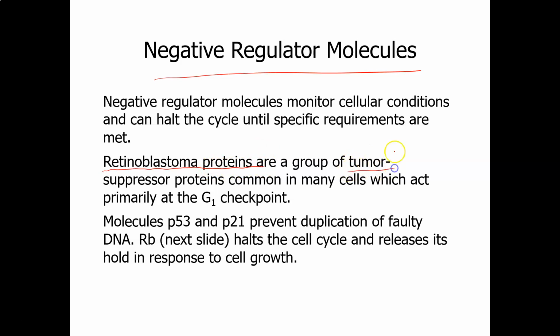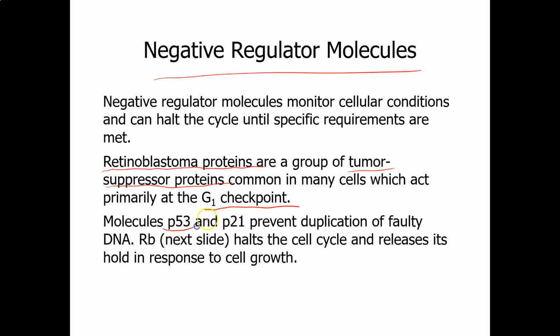They are tumor-suppressing proteins that are common in many cells, which act primarily at the G1 checkpoint, which means that at the G1 checkpoint, if the cell's not ready or has not met certain conditions, it won't go on to the S stage where DNA is duplicated.